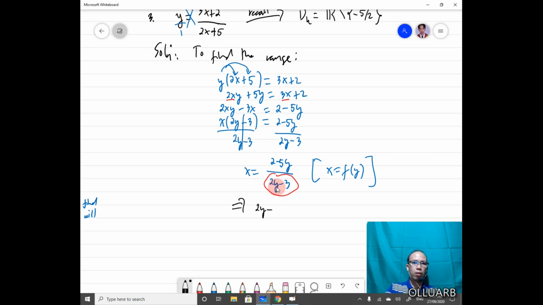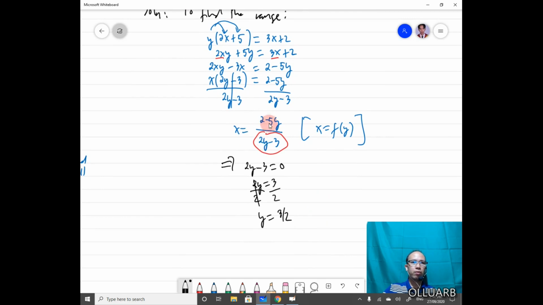So 2y minus 3 equals 0, so we have 2y is equal to 3. Divide both sides by 2, so y is equal to 3 halves. Therefore this is defined for all values of y except 3 over 2.